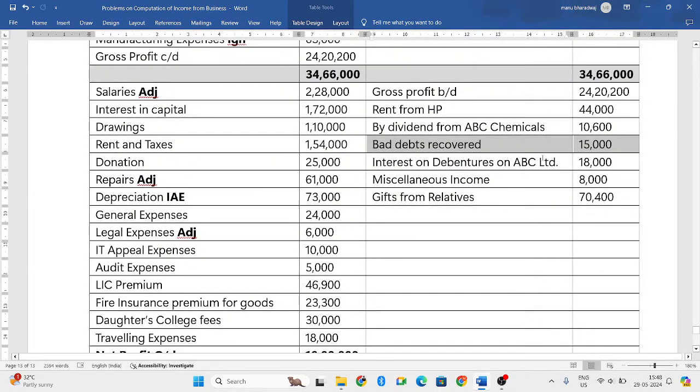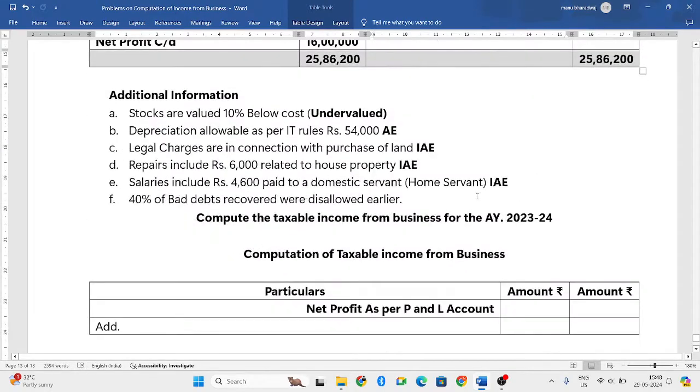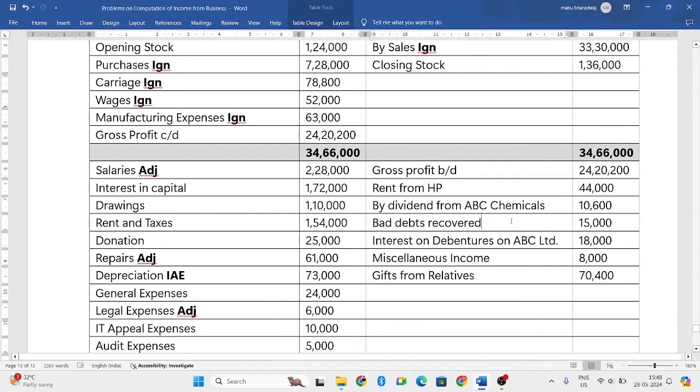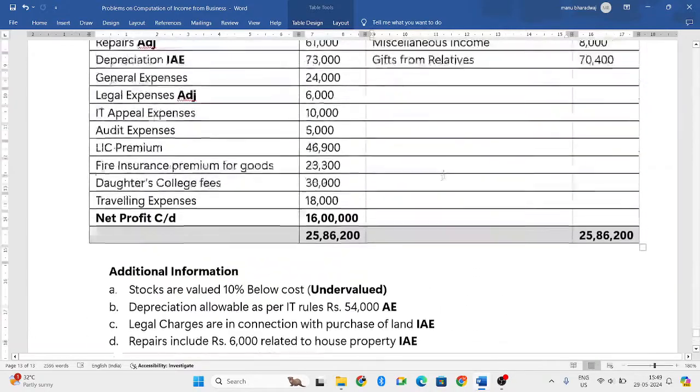It means for that 40% you have already paid the tax, so again you need not pay tax on that. So we will reduce it. Make it as NBI, it is non-business income. So when it comes to bad debts, make a note that there is an adjustment. So that's all with the additional information.